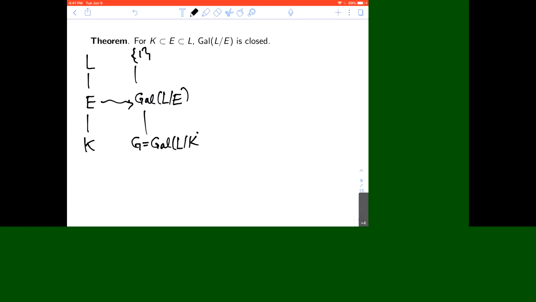Okay? How do you show something is closed? So maybe you could try to do something with some kind of generalized limits or something. We're going to prove something is closed by showing the complement is open.